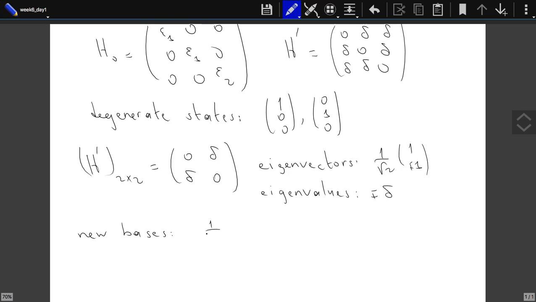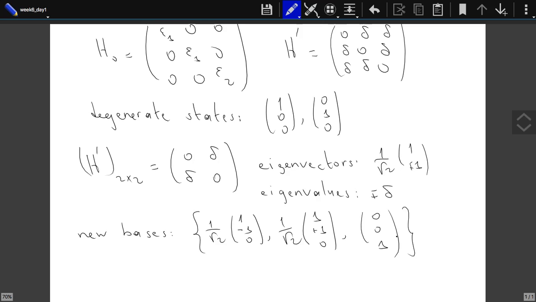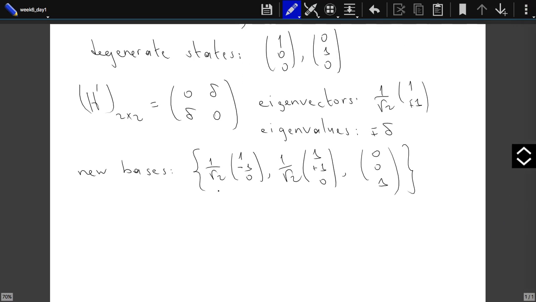This is 1 over square root of 2, 1, minus 1, 0. 1 over square root of 2, 1, plus 1, 0. And 0, 0, 1. This is kind of our new basis, the good basis. Let's call this one psi 1, psi 2, and psi 3.